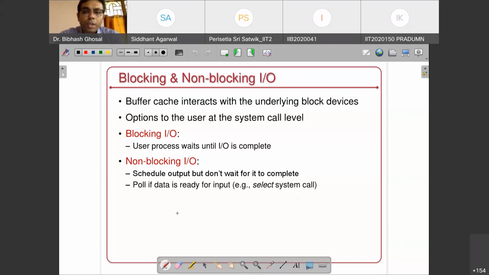The second one is non-blocking, where it immediately comes back from the read and reports how many blocks have been read. That's called non-blocking. It does not wait for the output. It just provides the request and then it comes back saying that these many have to be read. But it constantly checks whether the transfer has been finished or not. That is why it polls.